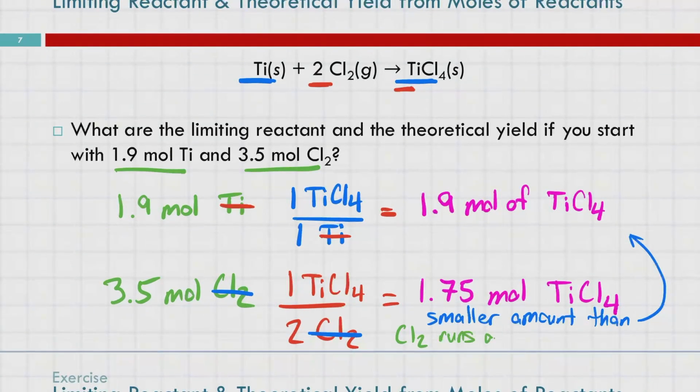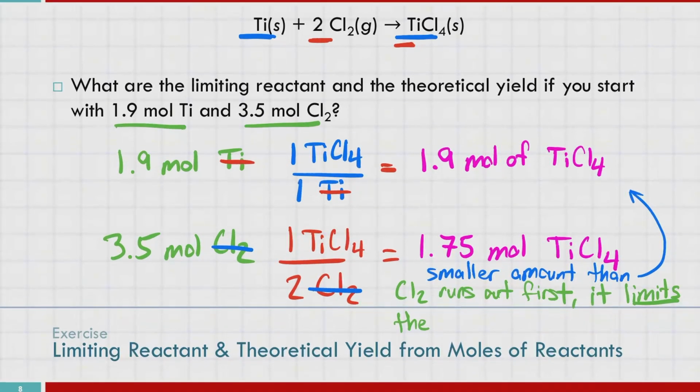Cl2 runs out first, or will run out first. It limits the product we can make. The chlorine is stopping us from making 1.9 moles of titanium chloride.